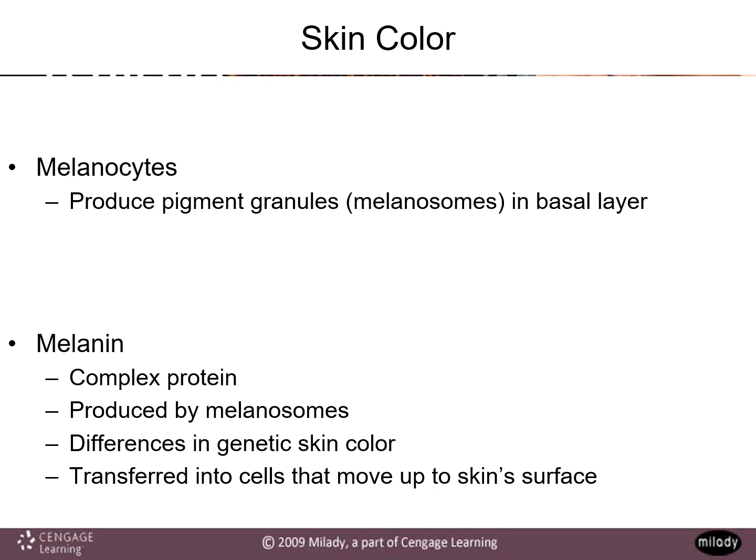These produce pigment granules, which are also known as melanosomes, in the basal layer. And these help to create the different shades of color in everyone's skin, our melanosomes.